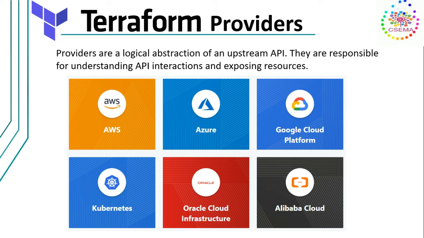Terraform relies on plugins called providers to interact with cloud providers, SaaS providers, and other APIs. Terraform configurations must declare which providers they require so that Terraform can install and use them. Additionally, some providers require configurations like an endpoint URL or the cloud region before they can be used.